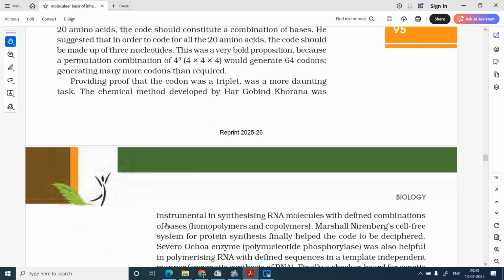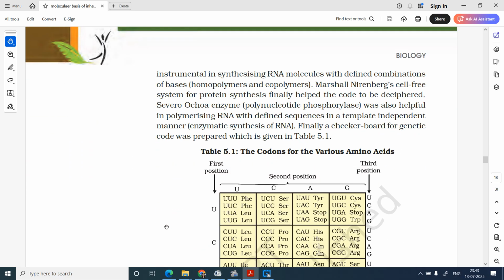Providing proof that the codon was a triplet was a more daunting task. The chemical method developed by Har Gobind Khorana was instrumental in synthesizing RNA molecules with defined combinations of bases, homopolymers and copolymers.